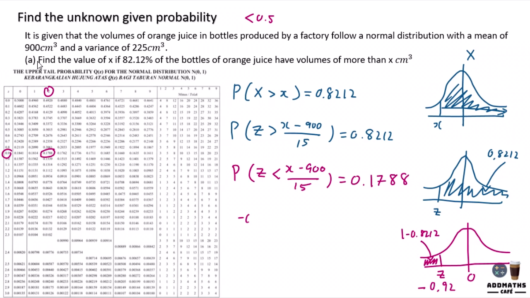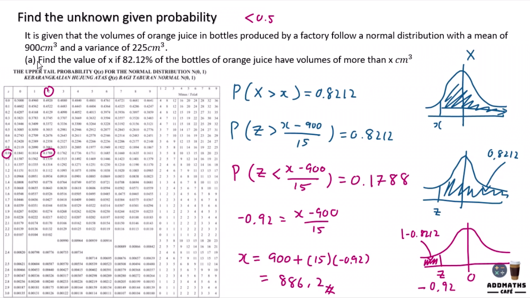So negative 0.92 equals (X minus 900) over 15. To find X, it will be 900 plus 15 times negative 0.92. You can do it step by step without jumping steps like I do, and you will find that X will be 886.2. So this is when you find the area which is more than 0.5.